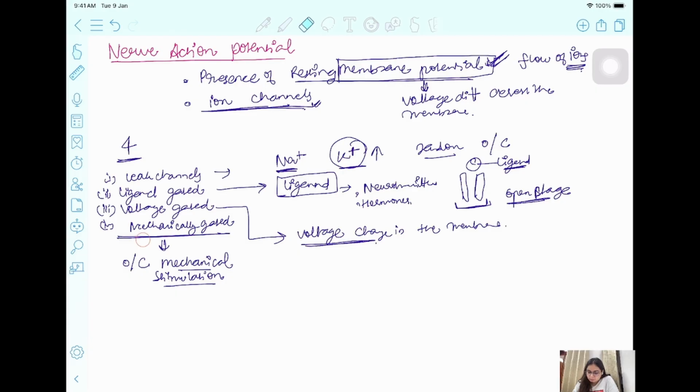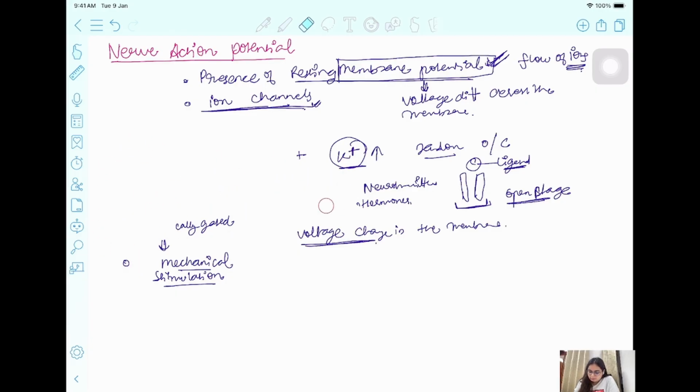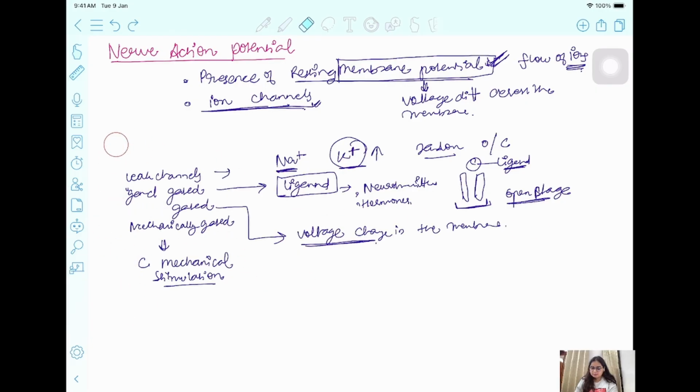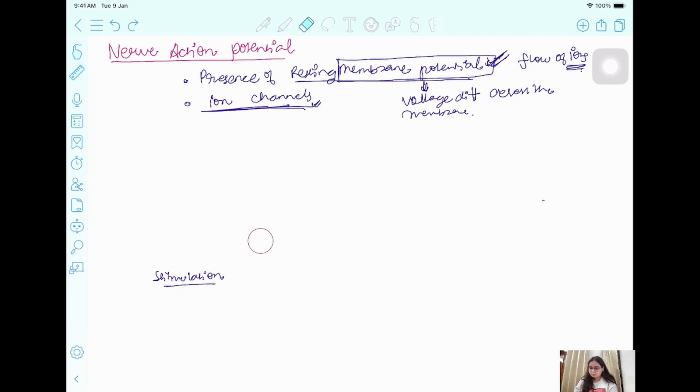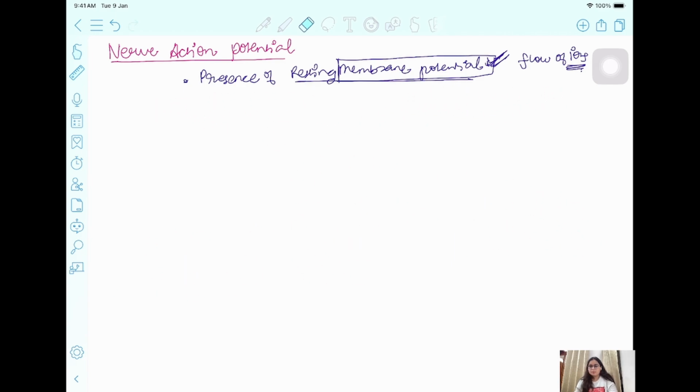Now let's discuss the resting membrane potential, or how is it generated and what is the resting membrane potential. You already know that this is the plasma membrane structure. This could be the cytosol part and this will be the extracellular part.